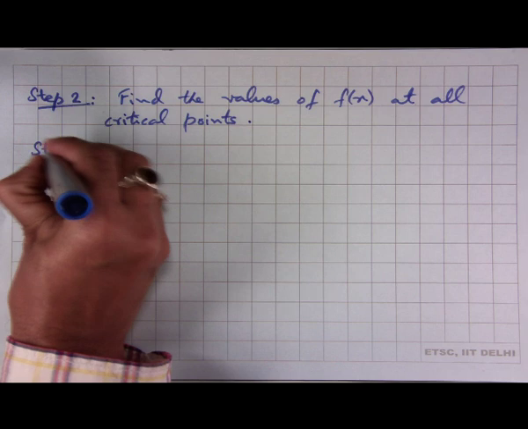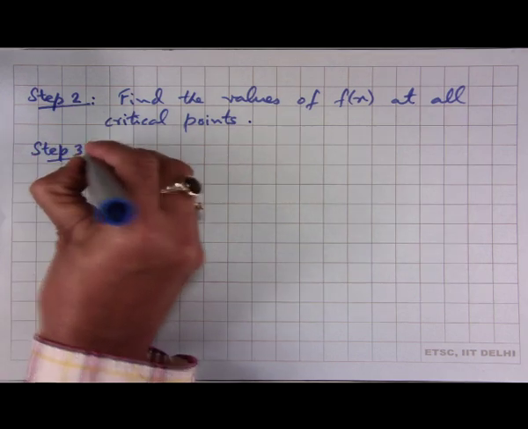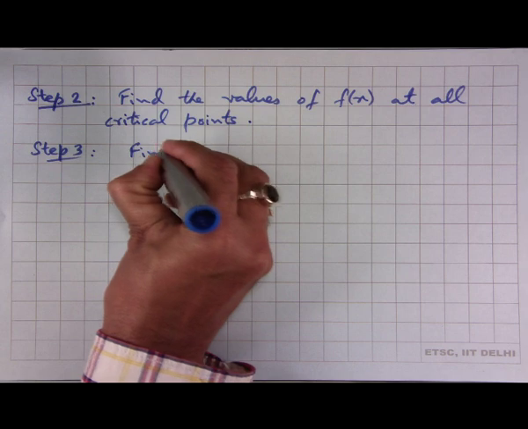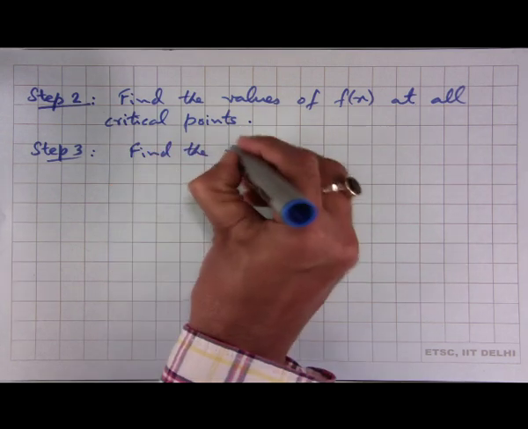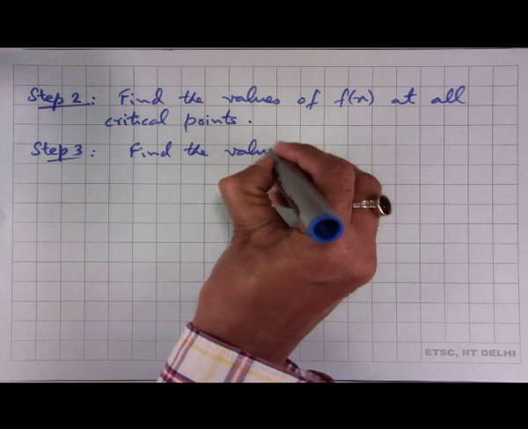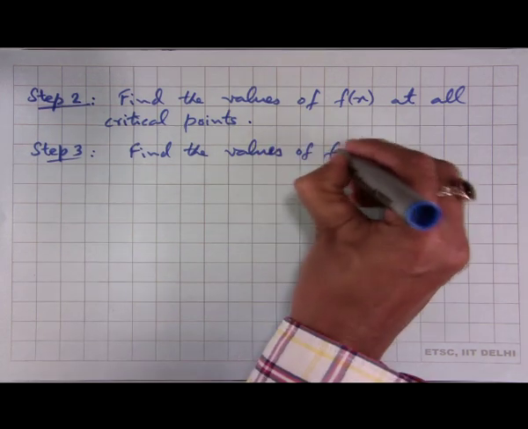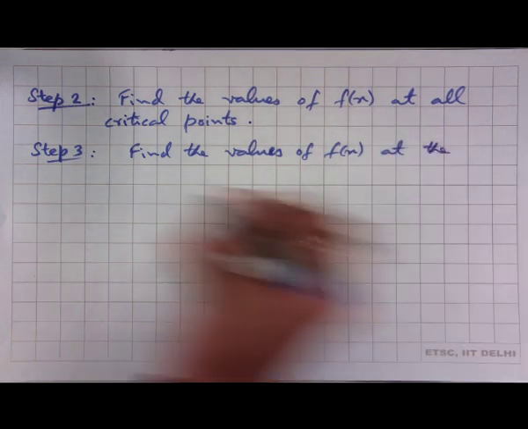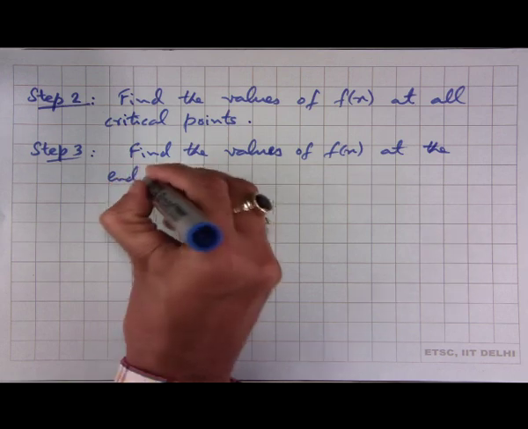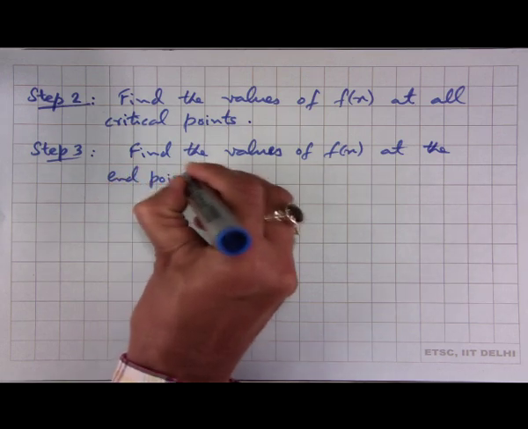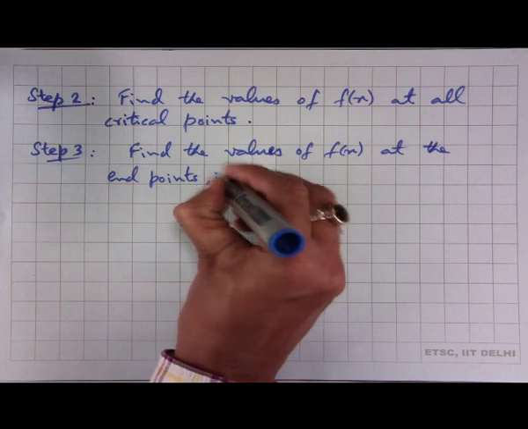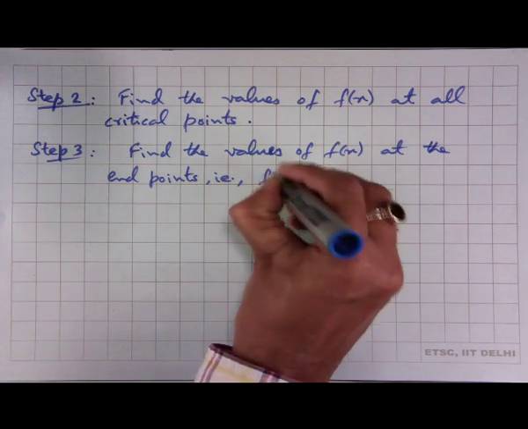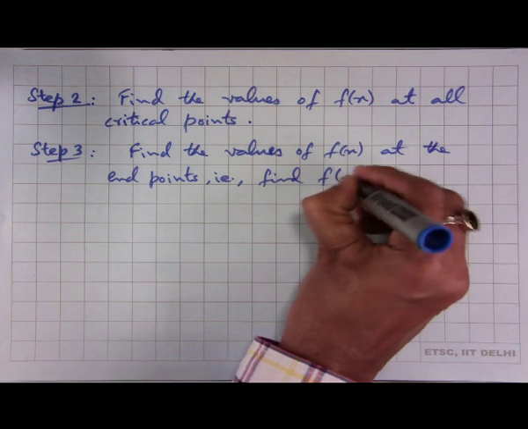Step 3, find the values of f of x at the end points. That is, find what is f of a and f of b.